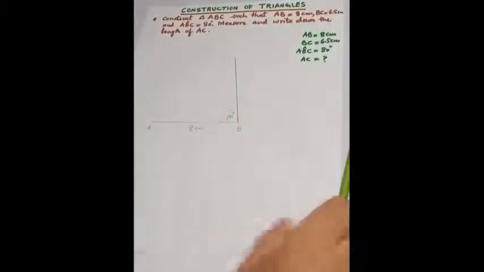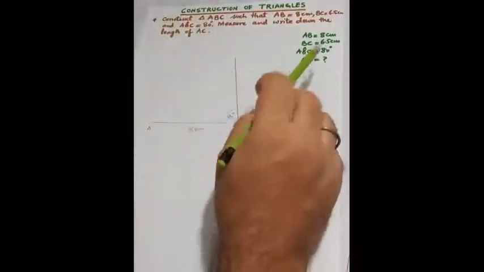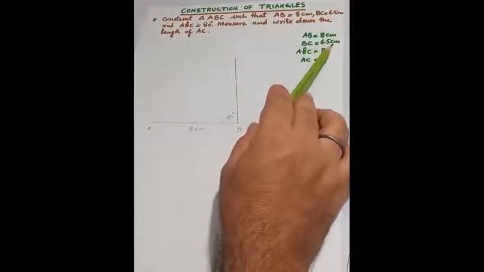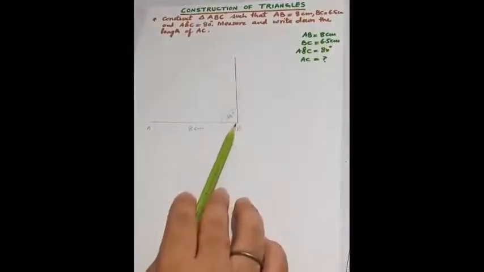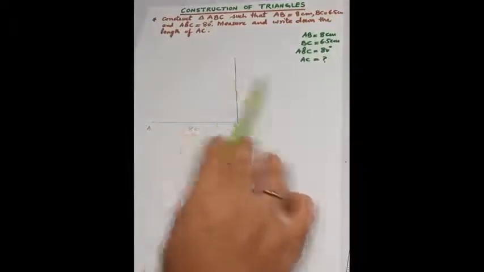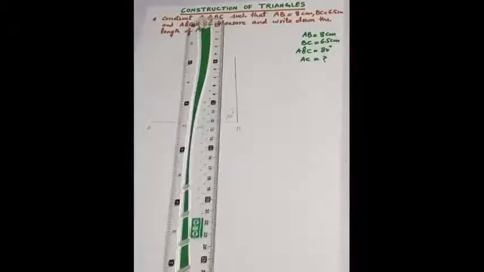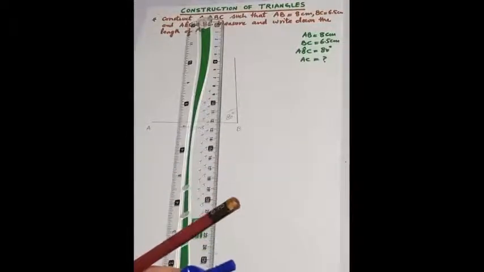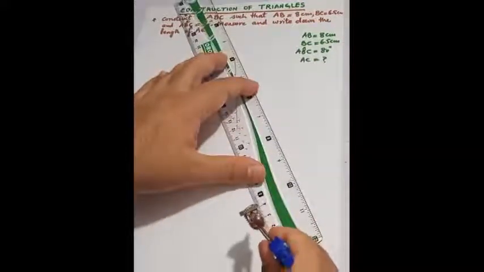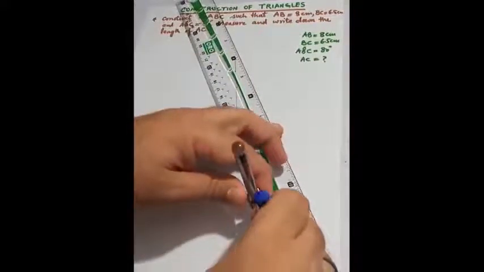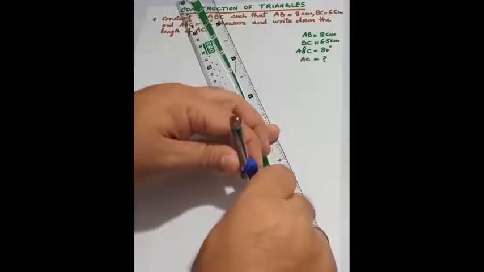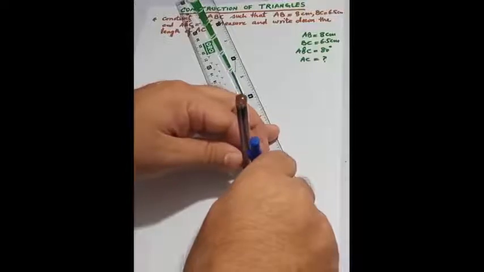Now next, the length of line segment BC is given, that is 6.5 centimeter. So we have point B, and the point C is on this line. So we have to use the ruler and we have to adjust the pair of compasses at 6.5 to measure the distance of 6.5 centimeter.